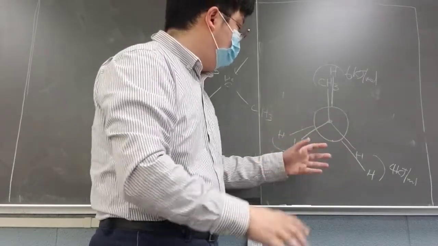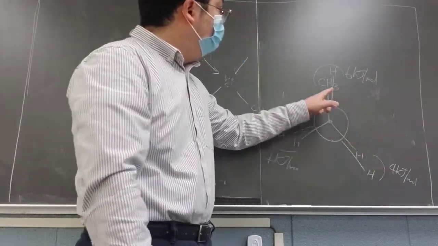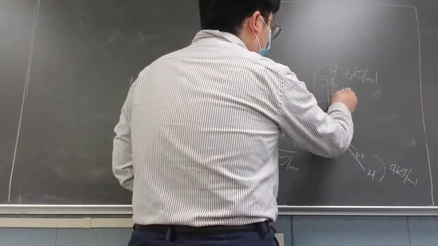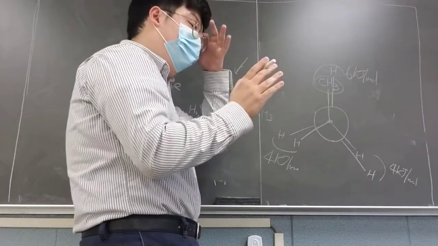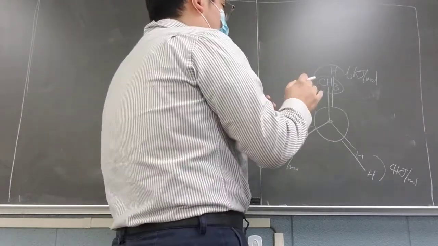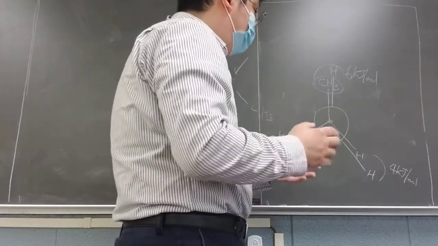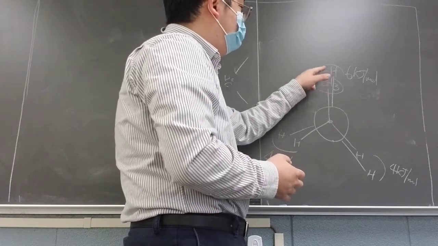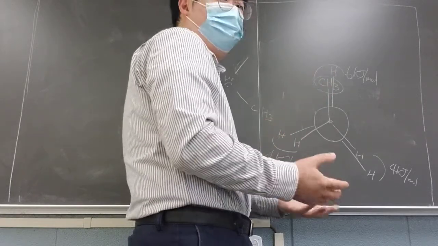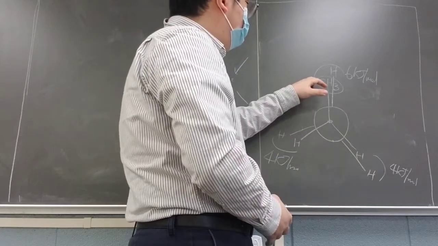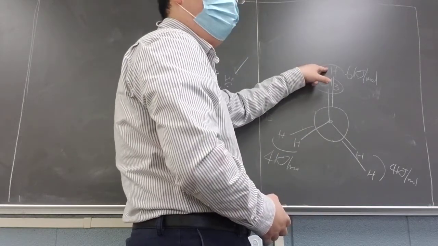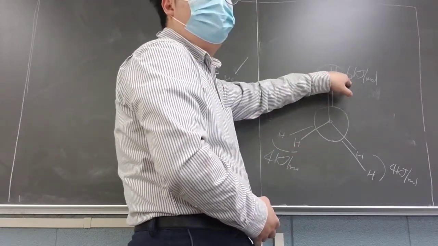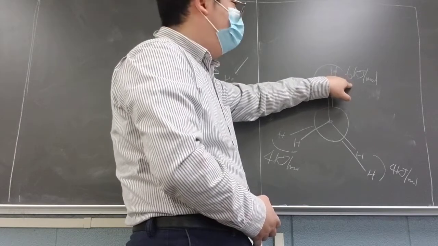They experience some discomfort of 4 kilojoule per mole here and here, but this is slightly higher than 4 because the methyl group is bigger than hydrogen. Because of its size, there is more space competition, so the discomfort between a methyl group and a hydrogen is bigger than between two small hydrogens. That's why it has a slightly higher number for the strain.